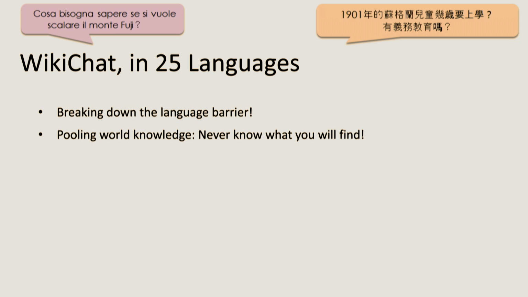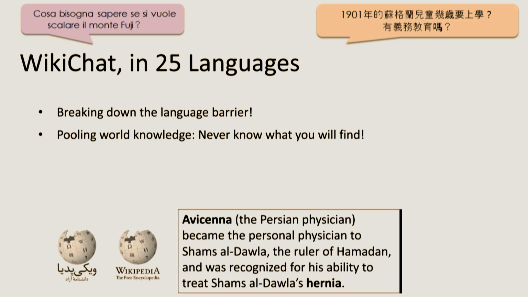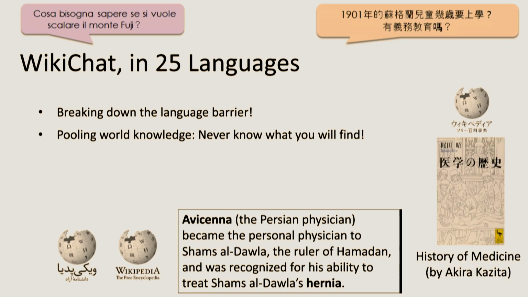But using WikiChat, it's actually able to be very highly factual when talking about them. Another use case of a reliable chatbot, especially a multilingual one, is that it can pull world knowledge from different languages and different corpora that might not be accessible to an individual person and make it accessible. So here's an example where there is a piece of information in the Japanese Wikipedia about a Persian physician that the English Wikipedia is missing.